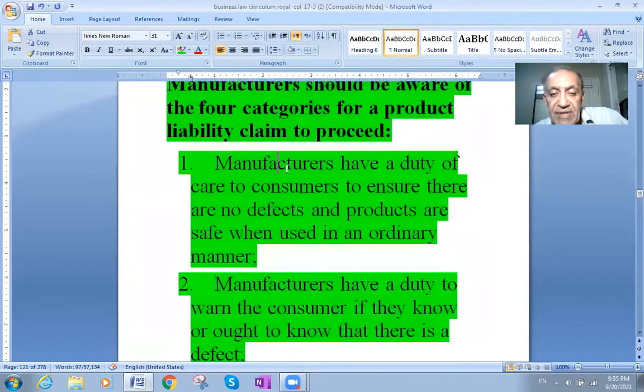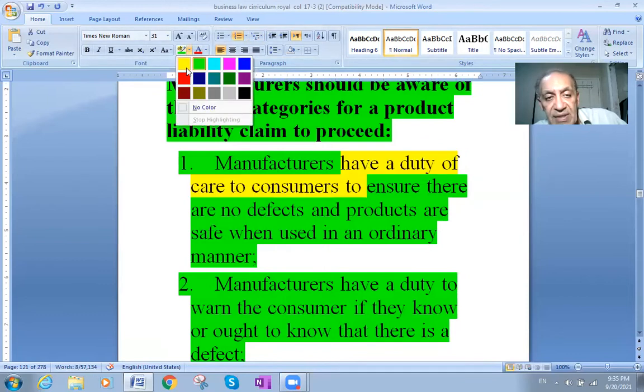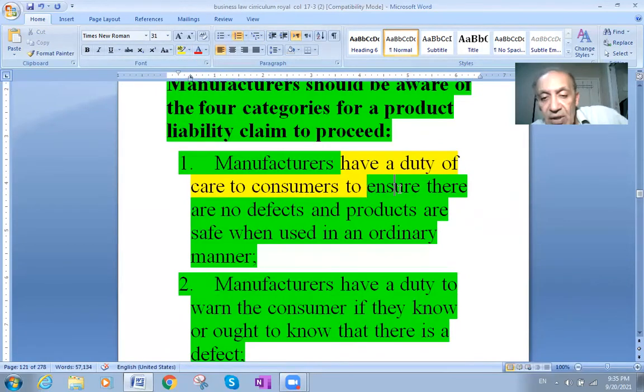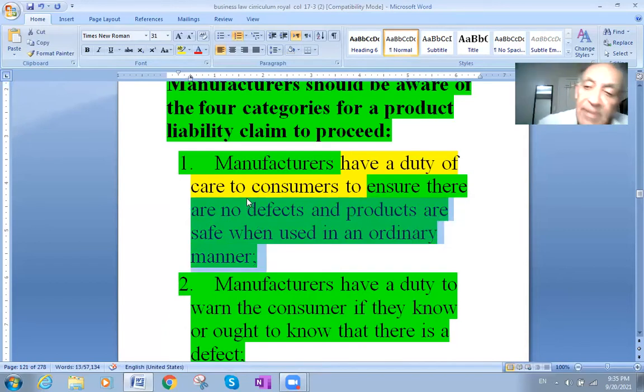Manufacturers have a duty of care to consumers. So when there is a duty of care, that means there will be no tort. They must ensure there are no defects in the product and that the product is safe when used in an ordinary manner. So this reduces the amount of tort.